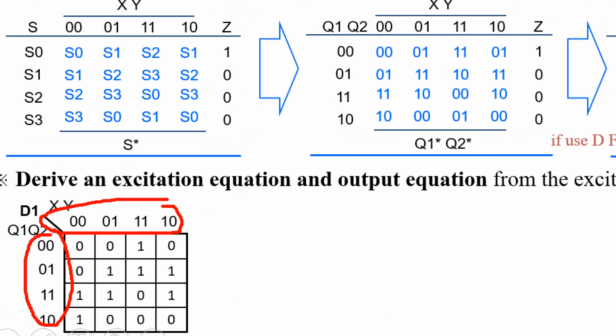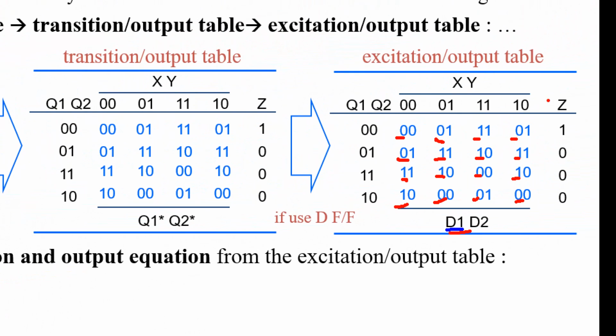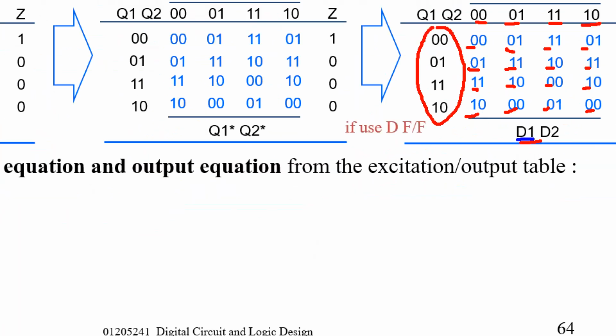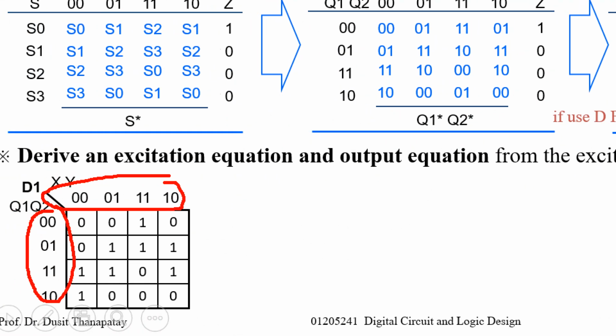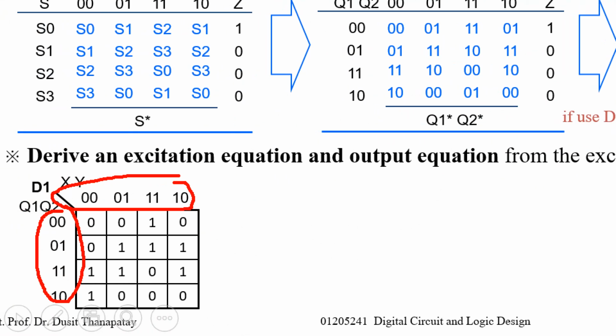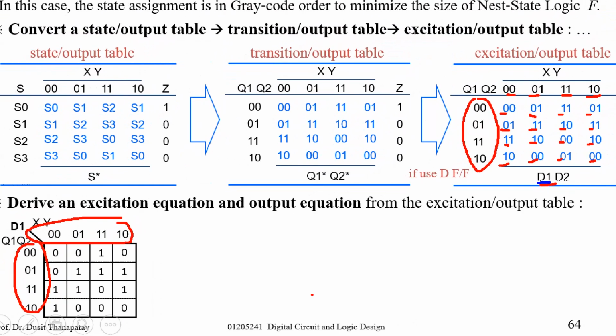But sometimes in the state excitation table, the order of input or state variable is maybe not gray code. Sometimes it's binary code, something like that. So you should be careful when writing down from the excitation table to the Kmap.